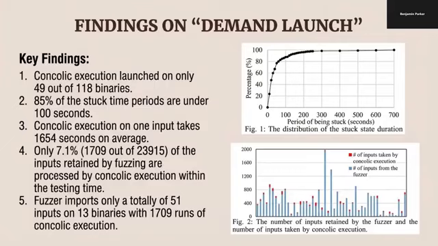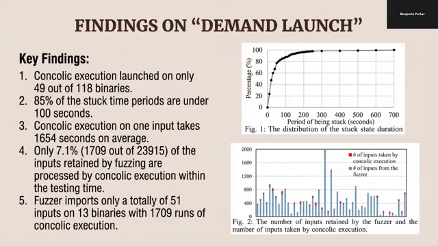Secondly, demand launch has no concept of prioritization. It cannot recognize a specific path that caused the problem. Like stated before, when the fuzzer gets stuck, it just dumps every single input that it had to the concurrent executor and tries to have it go through each one. This takes an exorbitant amount of time, an average of over 1,600 seconds just to process a single input. And since the fuzzer generates thousands of seeds, this simply overwhelms the concurrent executor and its math engine, which was able to process only 7% of all the seeds before the 12-hour timer ran out.